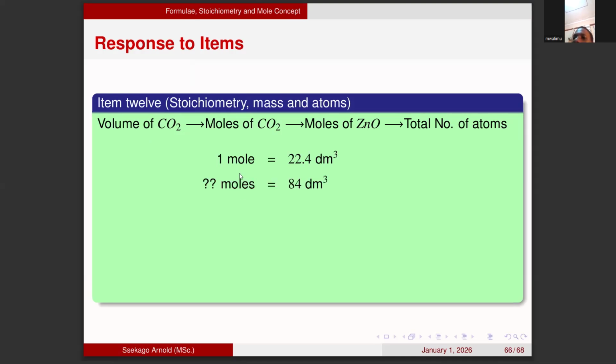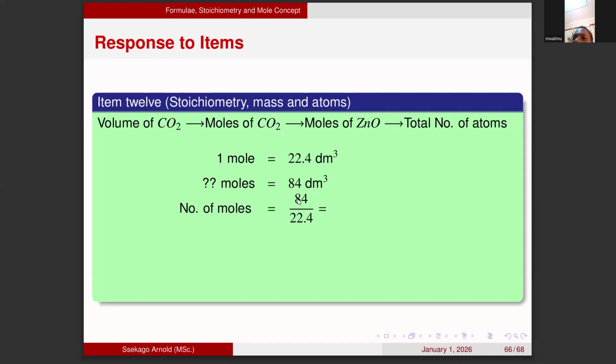So we ask ourselves, how many moles are contained in 84 decimeters cubed? On cross multiplying, we shall have 1 times 84, then divide by 22.4. As a result, the number of moles will be equal to 84 over 22.4, and in this case, we obtain 3.75 moles of carbon dioxide.